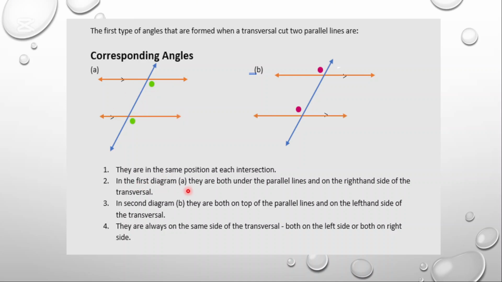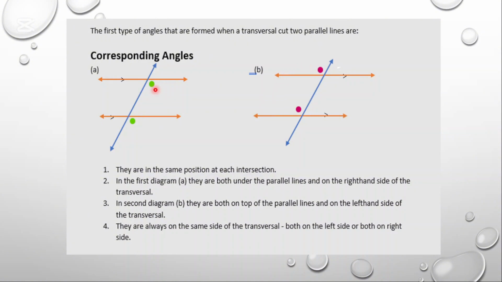So in the first diagram, they are both under the parallel lines, as you can see, and on the right hand side of the transversal. Over here we can see both of them are on top of the parallel lines, and this time they are on the left hand side.